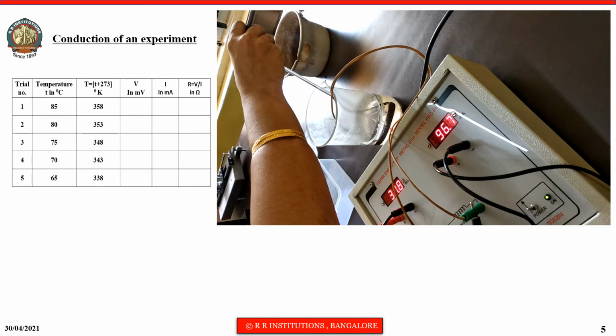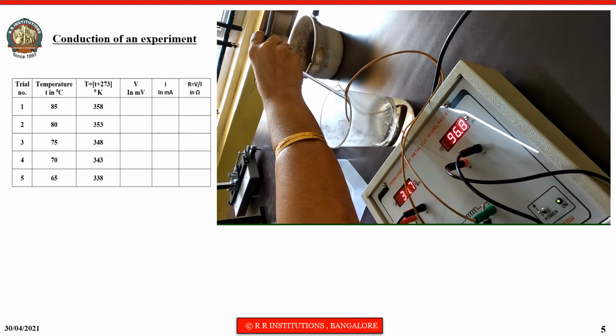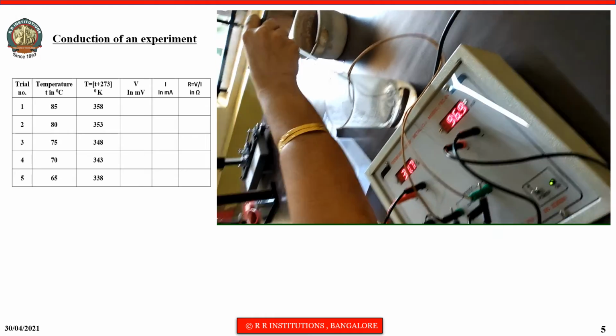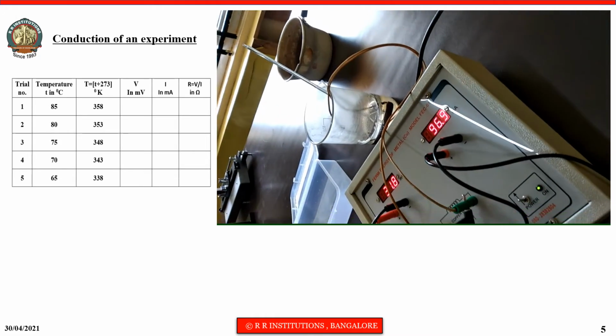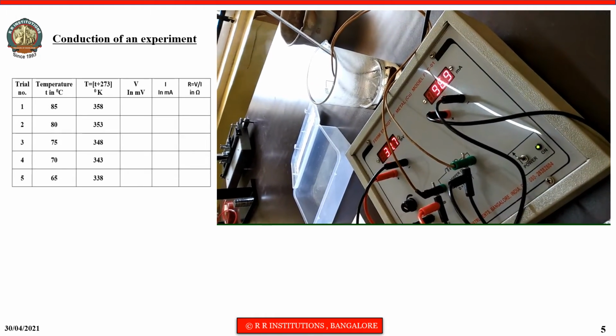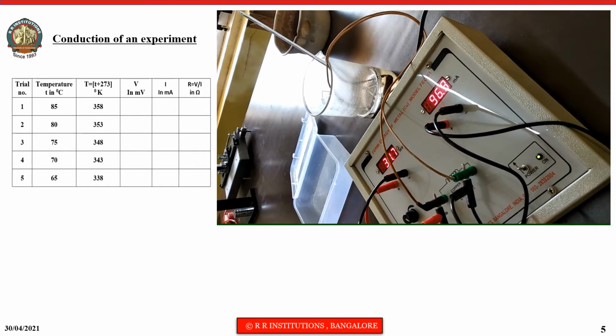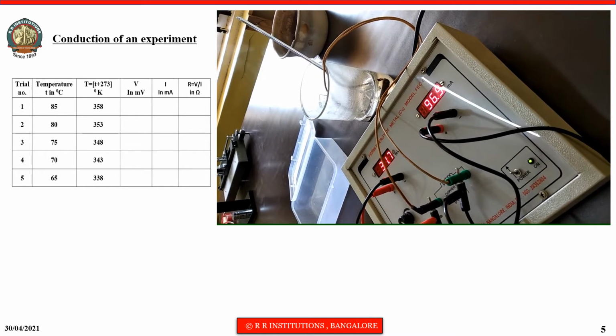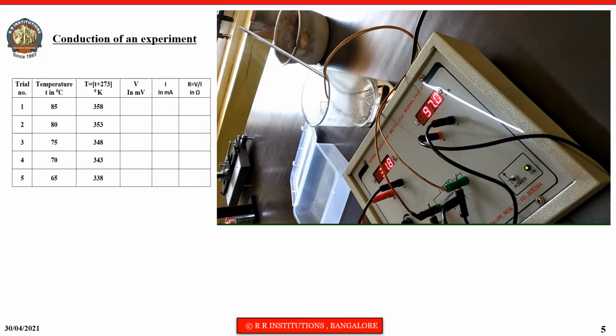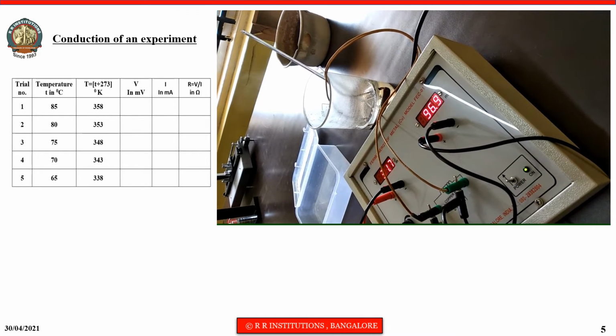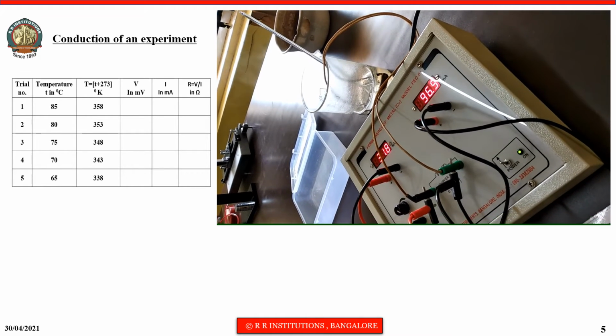Let us see how to conduct the experiment to determine Fermi energy of copper. We will start with the copper coil at 85 degree. Then the corresponding voltage and current have to be noted. Now it is at 83.